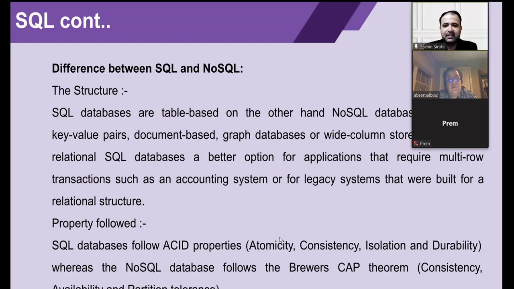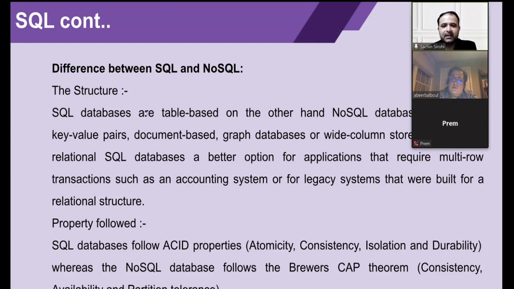So I have also discussed the difference between SQL and NoSQL. SQL databases are table based. On the other hand, NoSQL is not table based. It is key-value pair, document based, or a graph database.